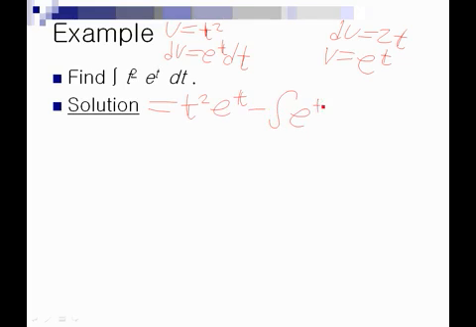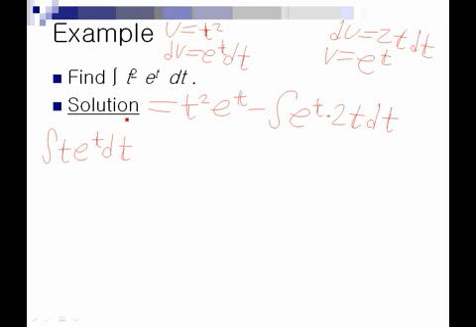Well, we have e to the t times 2t dt. So now we have another problem. We want to find the integral of t e to the t dt.